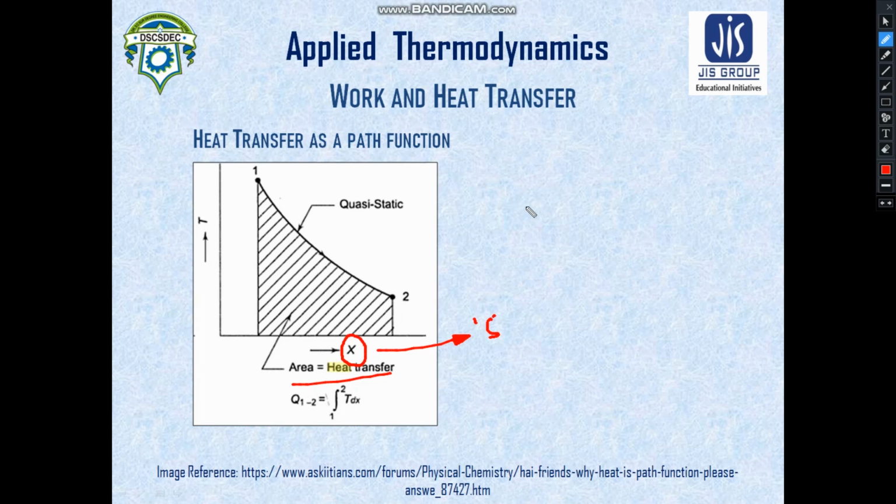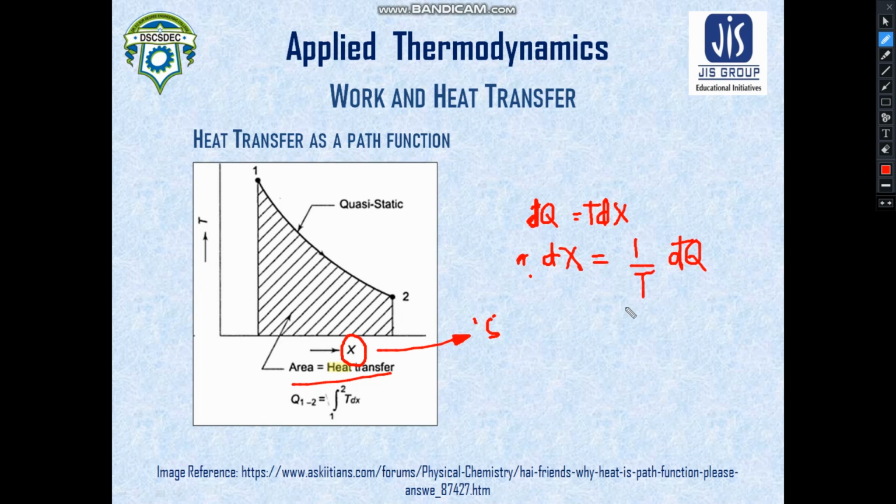So we can write d cut q is equal to T dx. This cut suggests that this is an improper or inexact differential. So we can write dx is equal to 1 by T d cut q.